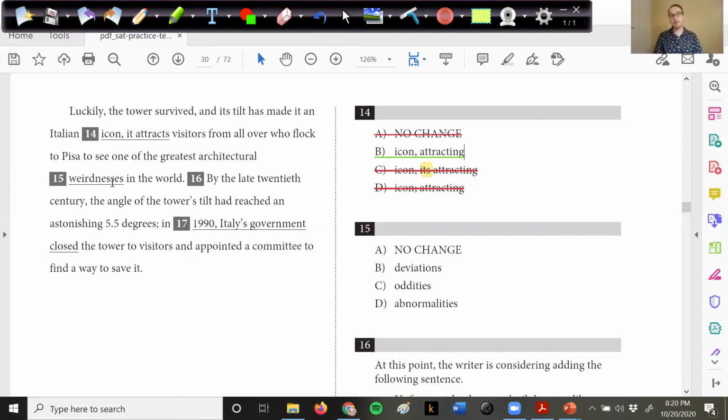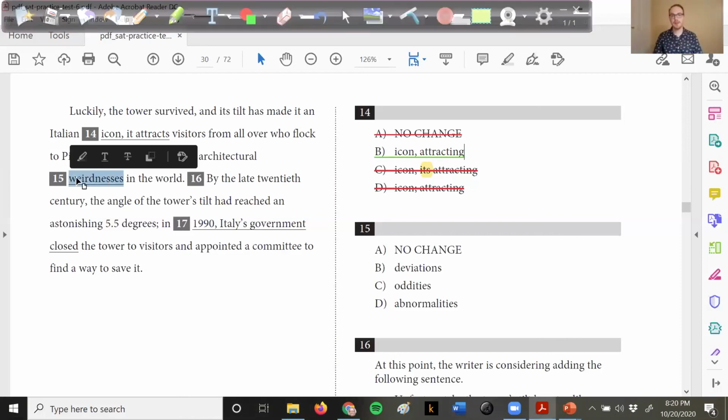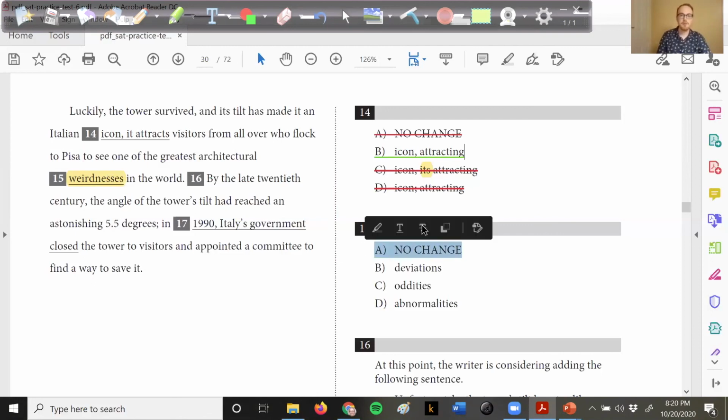Now you guys probably already noticed weirdness is a strange word. It's a weird word. You shouldn't be using it in writing a formal passage. You really shouldn't be using it in one of your own essays for school. So weirdnesses doesn't fit that sort of medium formal tone we're looking for. Deviations is all right: "one of the greatest architectural deviations in the world."